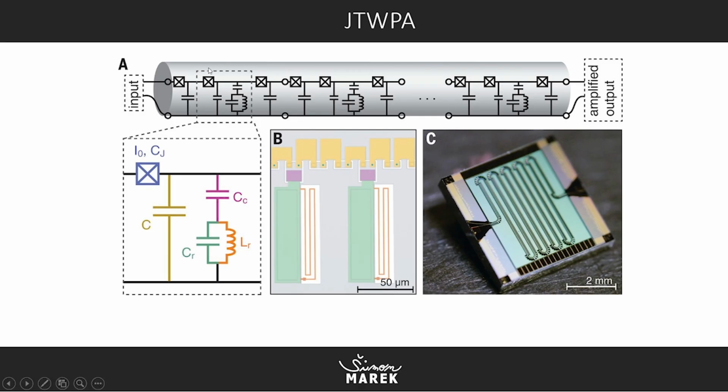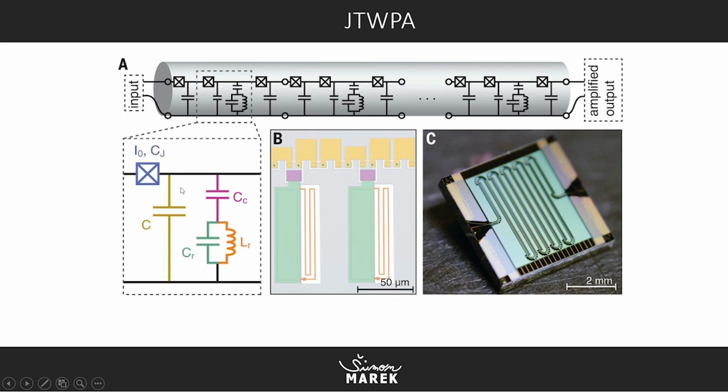You can see the zoomed one cell here. You have a Josephson junction here. We will need to take a look at the current of the Josephson junction, and also the capacitance of the Josephson junction.